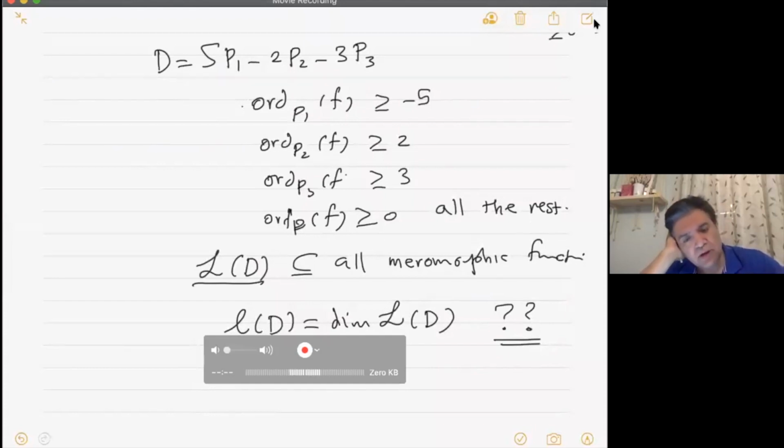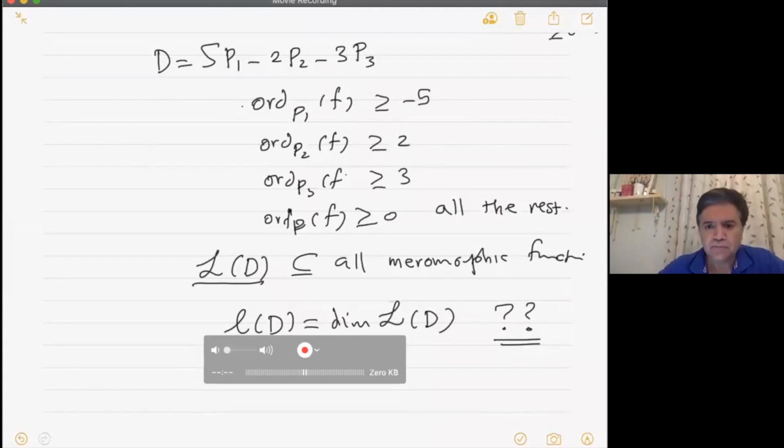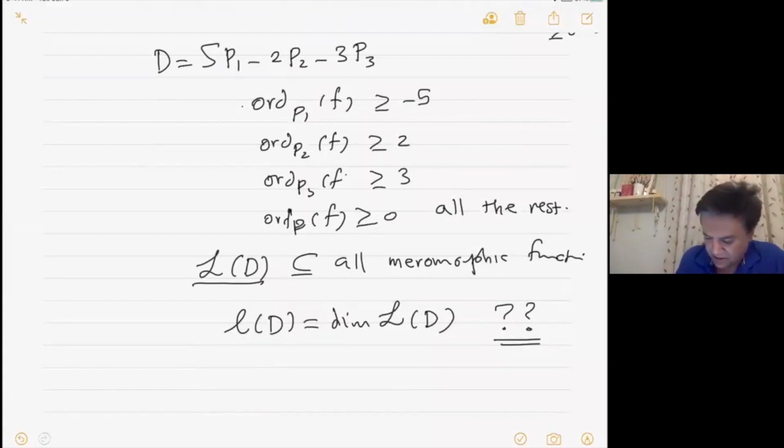So I'm going to talk about what Riemann-Roch really is. But Riemann-Roch is trying to answer this question: what is this dimension? And the first question you might ask yourself is, why is this dimension finite?